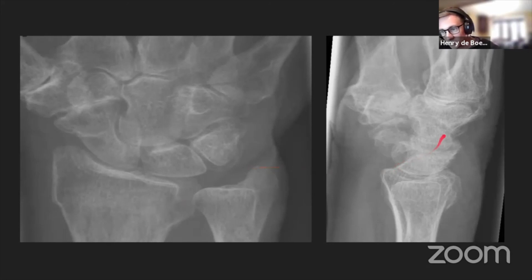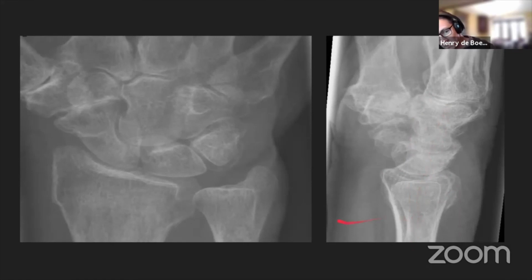And then when we look on the lateral, tracing along here, there's a step. And remember what I said, distal radius should be really, really smooth, and it's not, there's a step. And that's a distal radius fracture, which is minimally displaced, not particularly angulated.